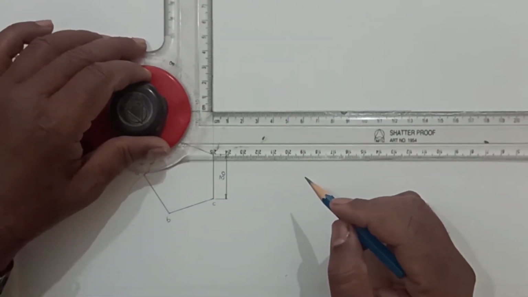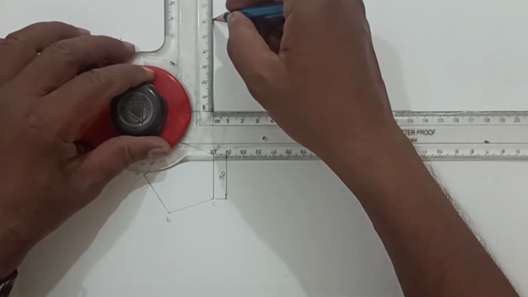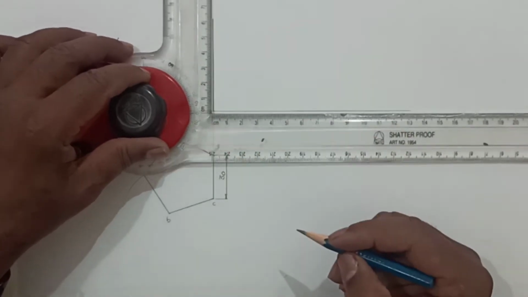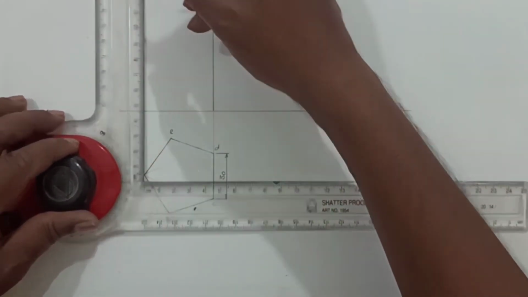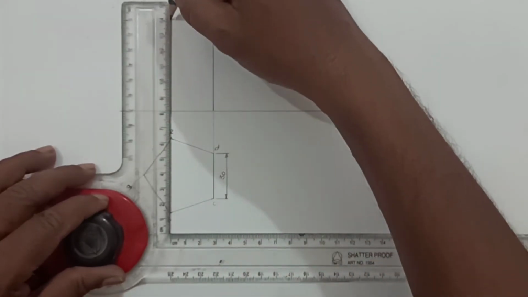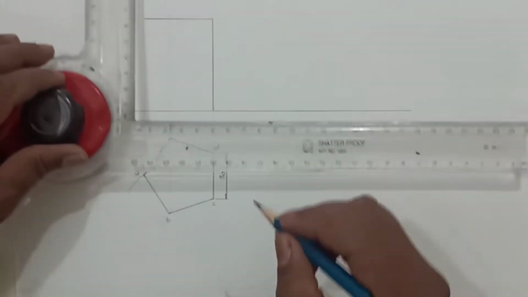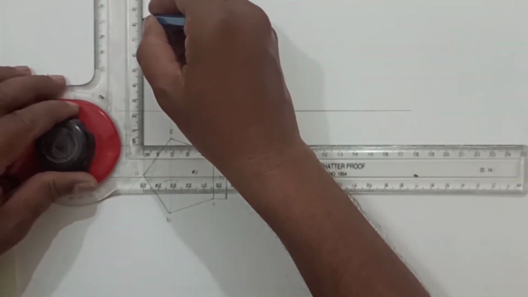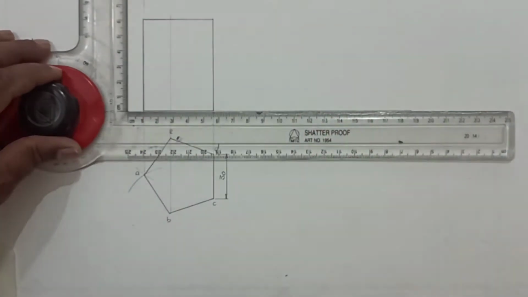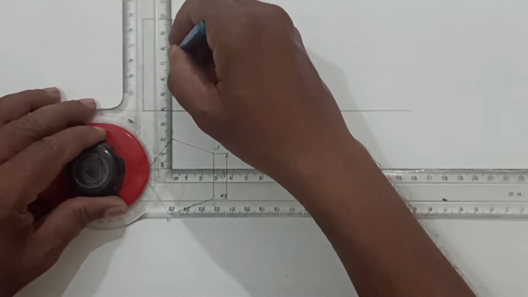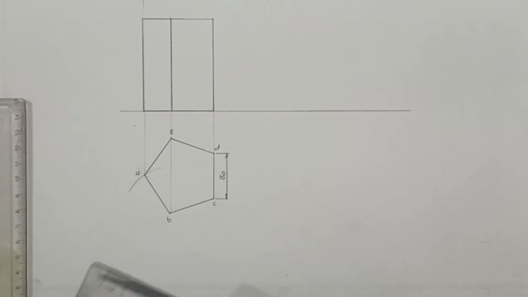So to mark the point of 60 millimeter height, which will indicate the height of the given pentagonal prism, complete its front view. These are the face edges. We have to mark the axis position.